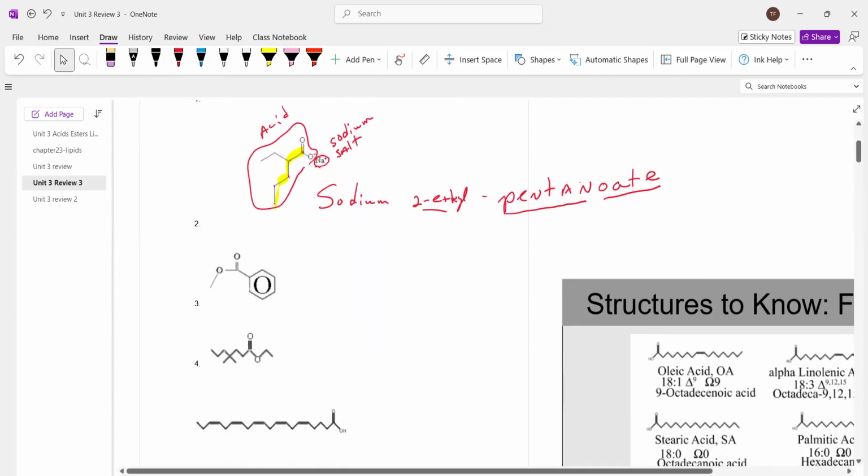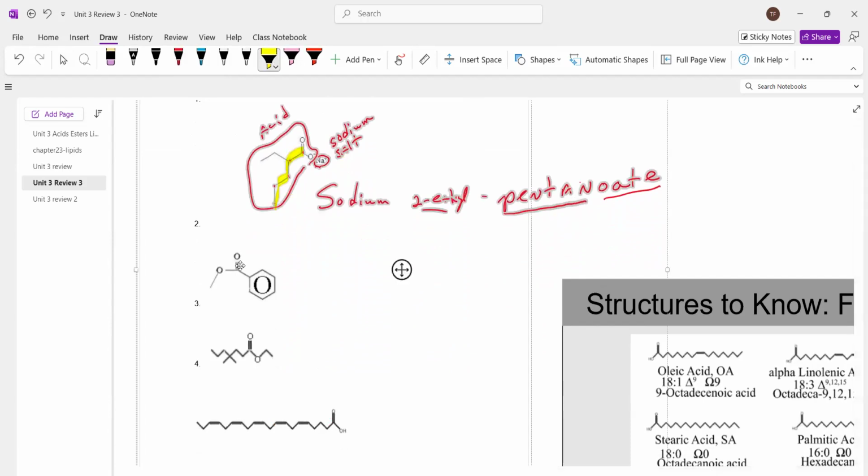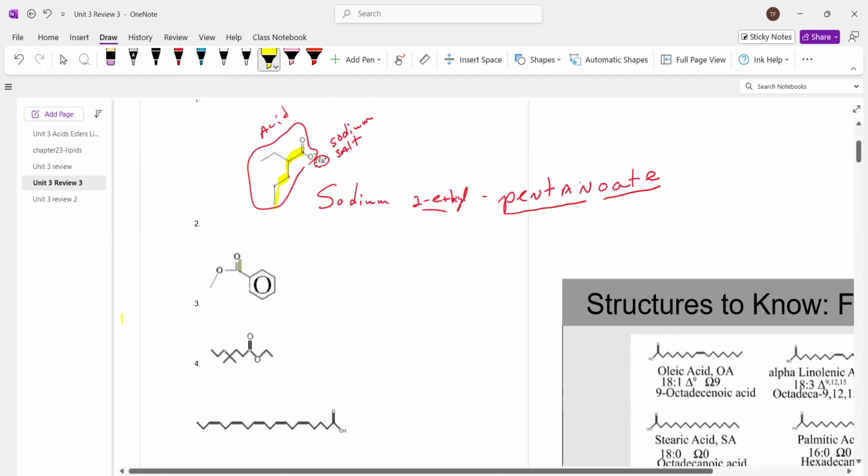Okay, what have we got here? The next one here, we've got an ester. And this is the acid part of the ester. Alcohol part. So we name the alcohol part first, which would be a methyl.